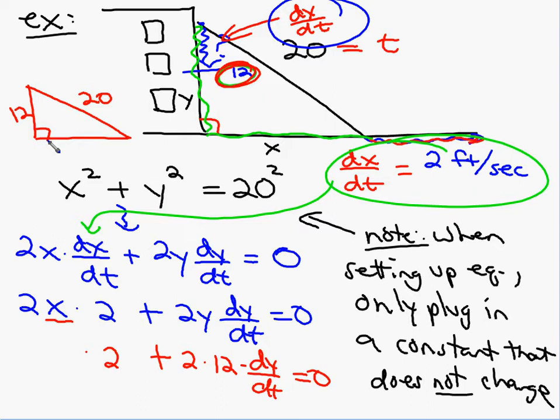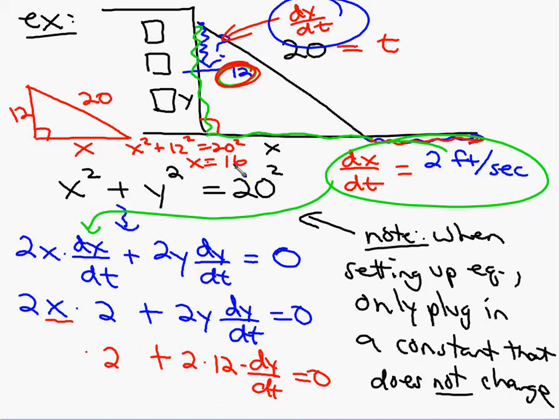So at the instant that we're talking about, the y coordinate is 12, and I can calculate the x coordinate. If I did x squared plus 12 squared equals 20 squared and solved it, I'm just going to tell you that it comes out to be 16.